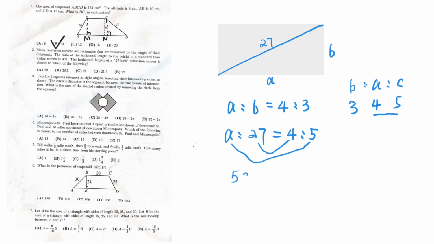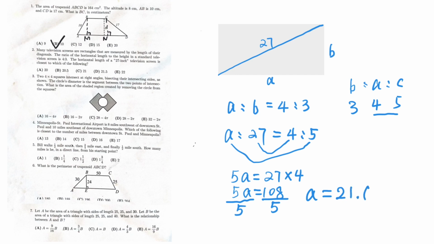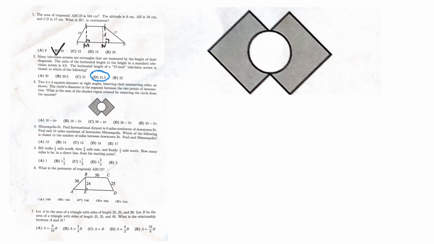That means 5A equals 27 times 4, which is 108. 5A equals 108. To isolate A, divide both sides by 5. That gives us A equals 21.6. 21.6 is closest to 21.5. The answer is D.